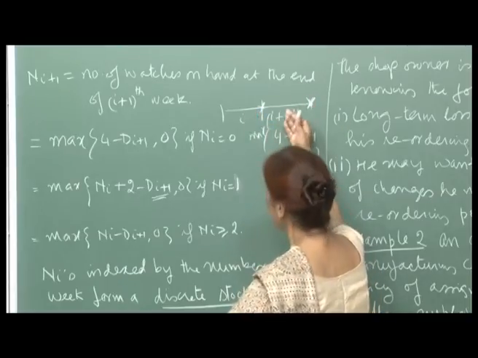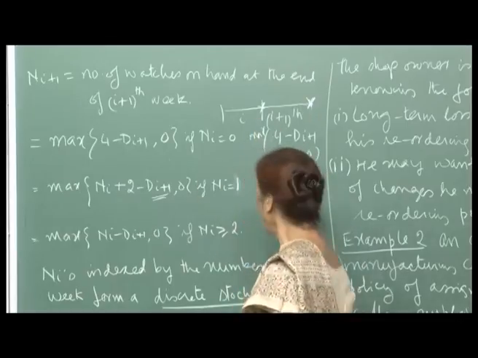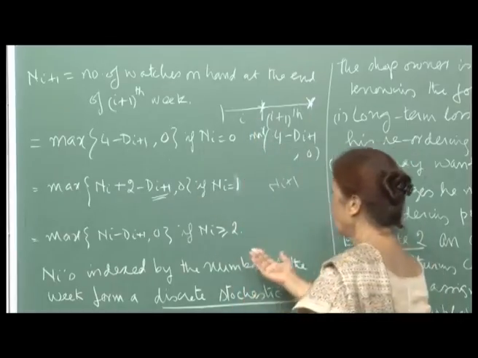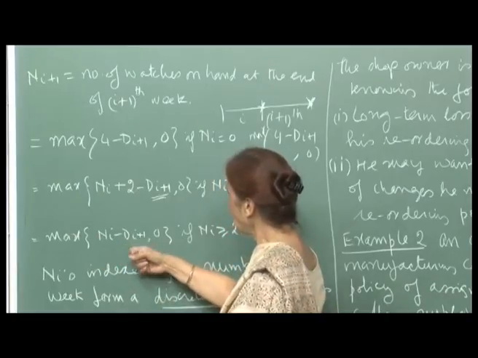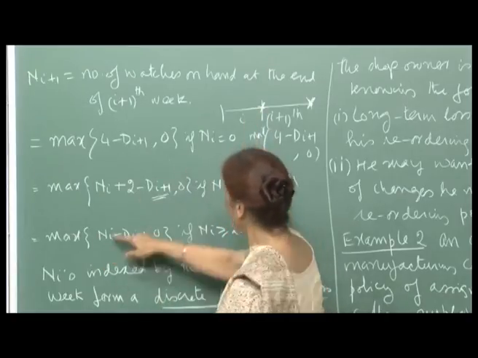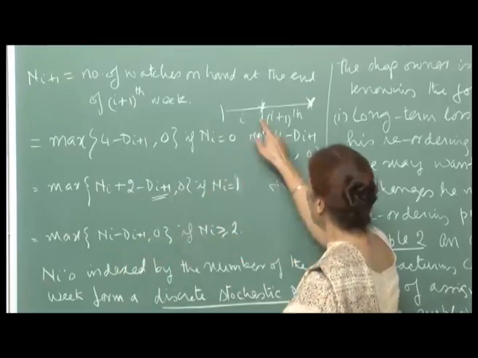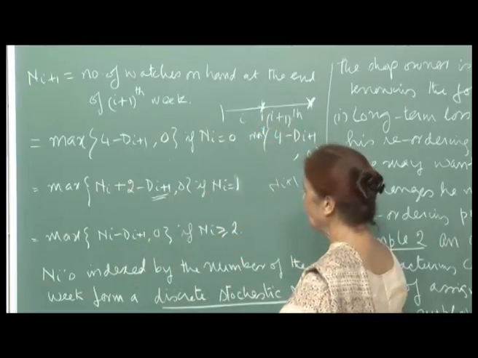So, therefore, you can say that here your n_{i+1}s are dependent on just n_i and d_{i+1}. So, the current demand and the state in which you were at the beginning of the (i+1)th week, right.